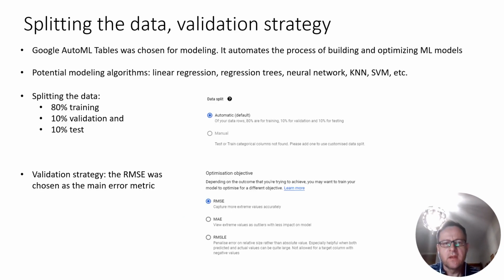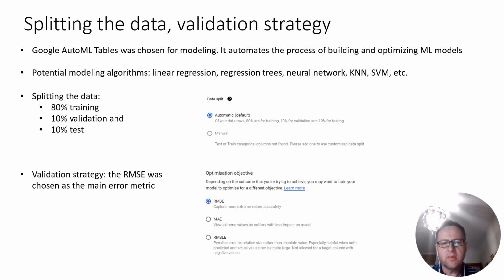Now, in terms of the tool, I went with Google AutoML Tables, which was nice because it uses an automated method for running different types of models, and it automates the process of building and optimizing machine learning models.